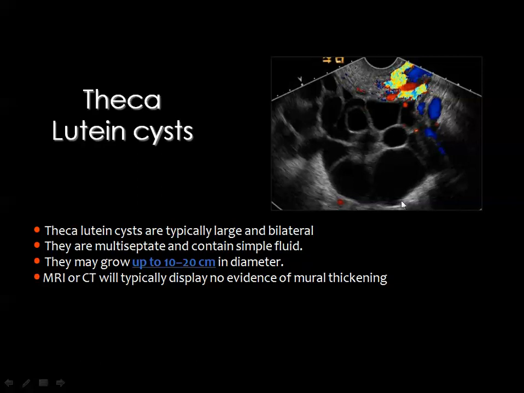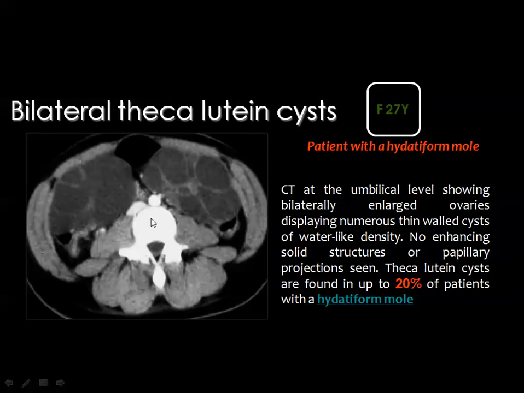They do not show vascularity on Doppler examination, and the CT will show the typical appearance of a simple cyst with no mural thickening or nodules or enhancement, as you can see here in this case of a patient with a hydatidiform mole, which is one of the causes of elevation of human chorionic gonadotrophin in the blood.